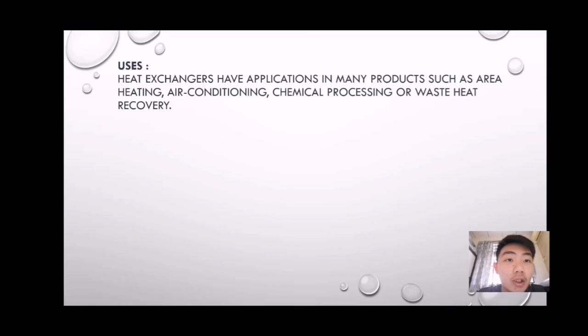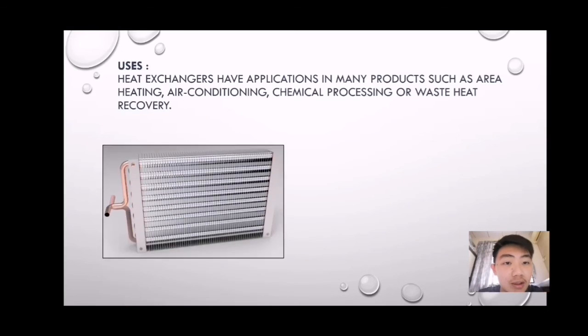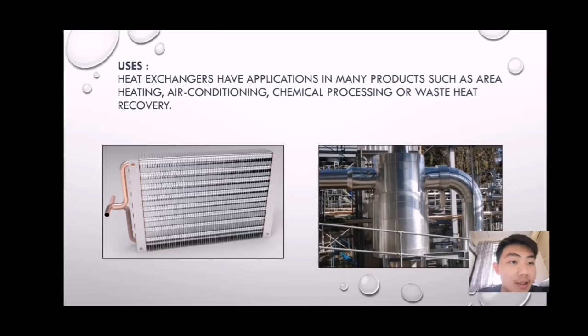Heat exchangers are widely used in many applications and products, such as area heating, air conditioning, which is just like this, chemical processing, or waste heat recovery, which is like this. It's not common to see the second diagram. We can only see it in a large industrial area.